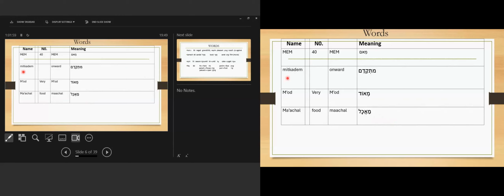Right. Tov is good. Tov. Chalav tov. Good milk. And it is T or V. Not a B because it hasn't got a dot in. It's a T or V. Tov. Tov is good.